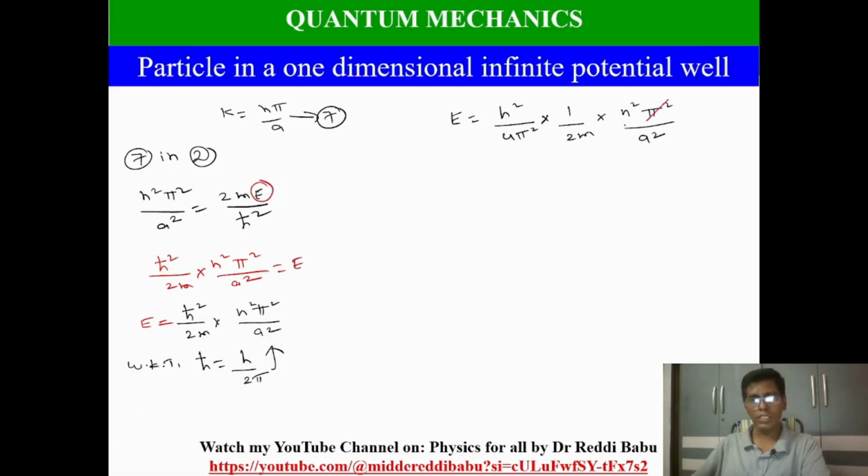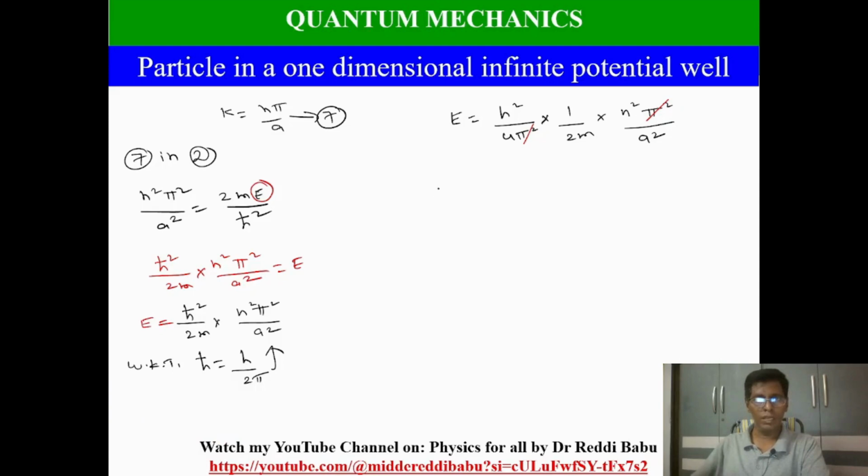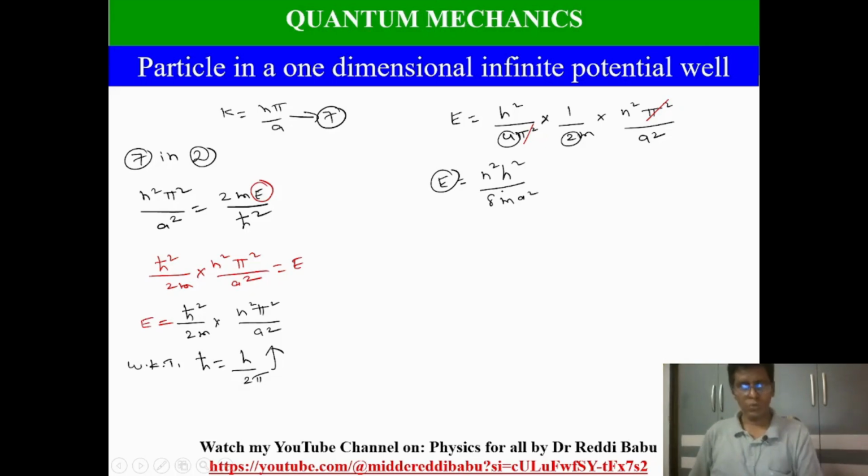This pi square will cancel. After cancelling these terms, rewrite the remaining terms. Energy of the particle E is equal to n square h square by, here 4, here 2, 4 2s are 8 m a square. Now this is the energy of the particle. E is equal to n square h square by 8m a square.